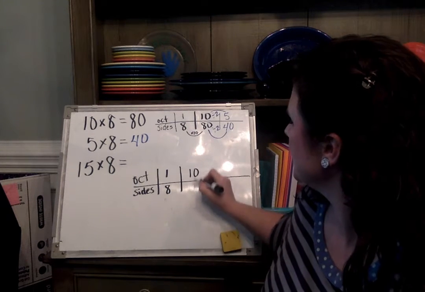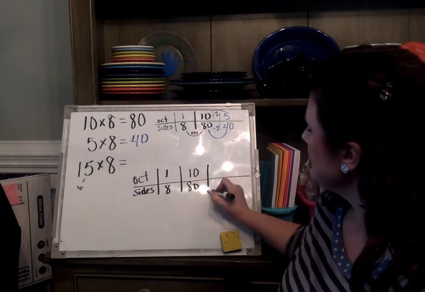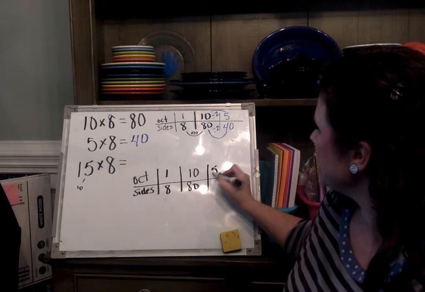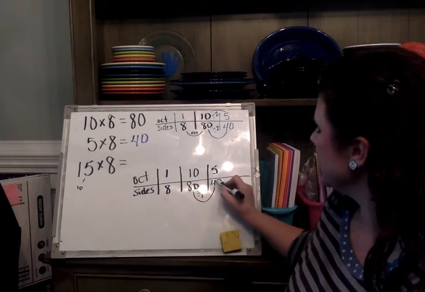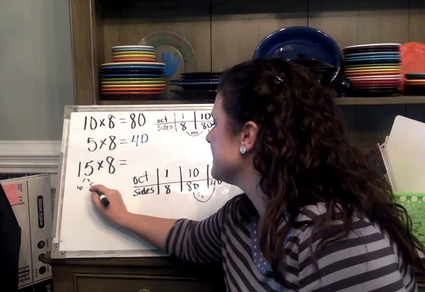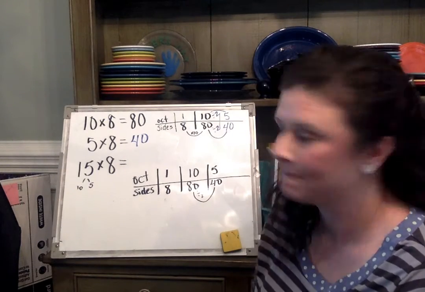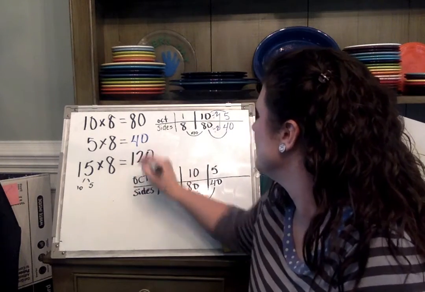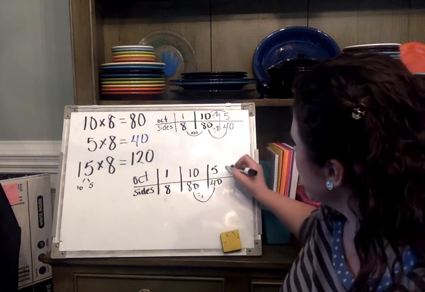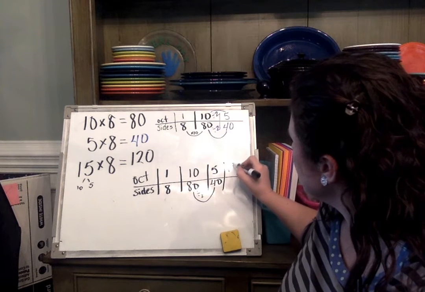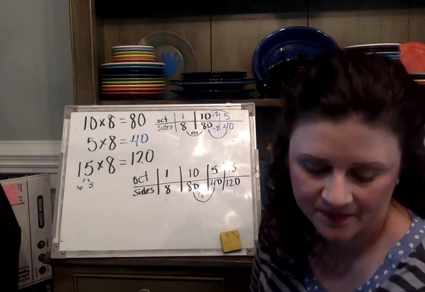If I had 10 octagons, that was 80. Inside that 15, there's that 10. And then remember when I went back and I said 5 octagons, and I divided that by 2, and 5 octagons was 40. Inside that 15 is that 5. And 80 and 40 make 120. 120 sides. So I could add to this, 15 octagons would equal 120 sides.